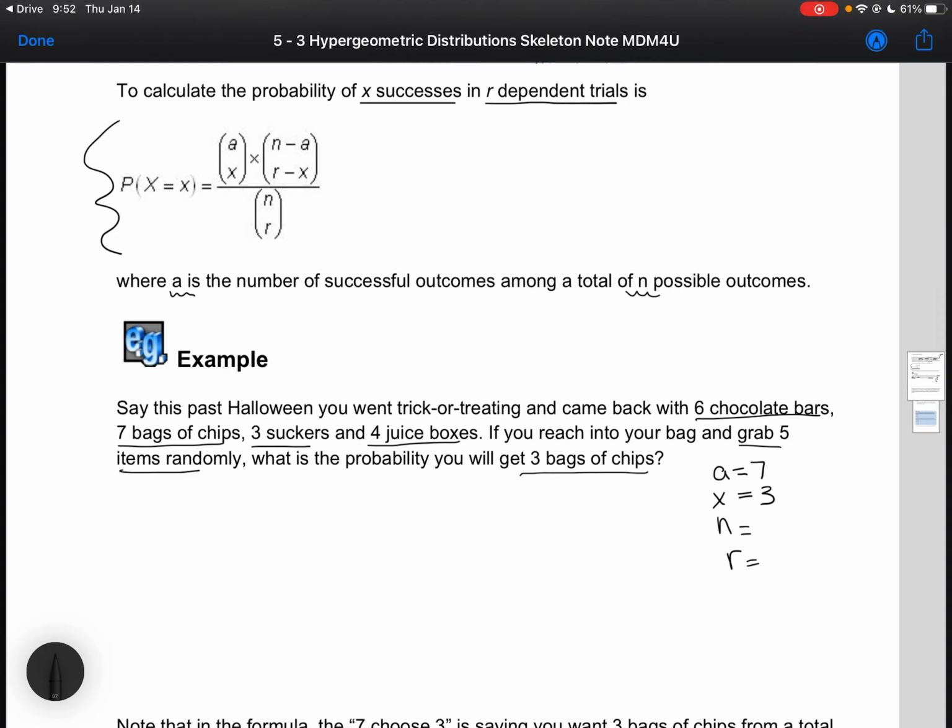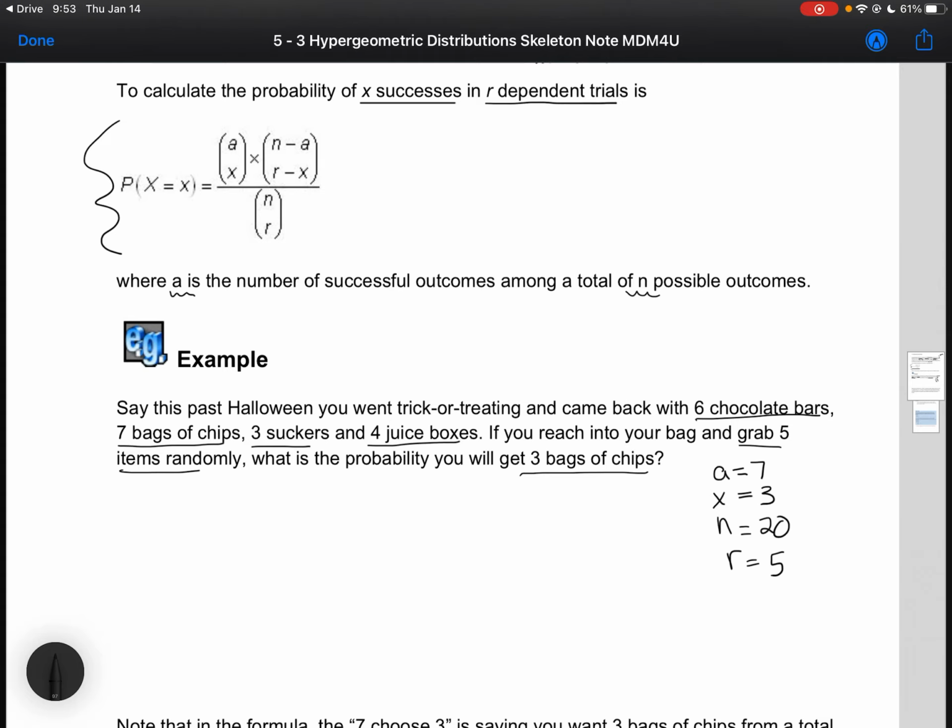So I can add my haul together: 6 plus 7 plus 3 plus 4 gives me 20 possible items to choose from. And then the R value is the number of trials that I'm doing. I'm grabbing 5 items randomly, so that is going to be my value for R.